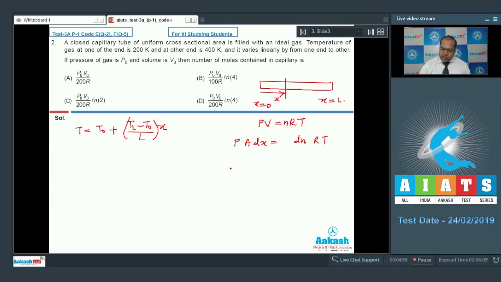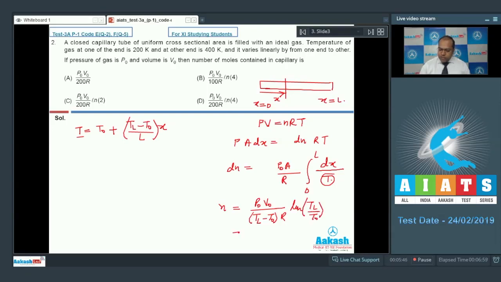If I write this equation, then dN can be written as P0 into A divided by R into T, that is dx upon this T. If I substitute this T from here and integrate from 0 to L, then the number of moles comes out to be P0 V0 divided by (TL minus T0) into R into ln TL by T0.